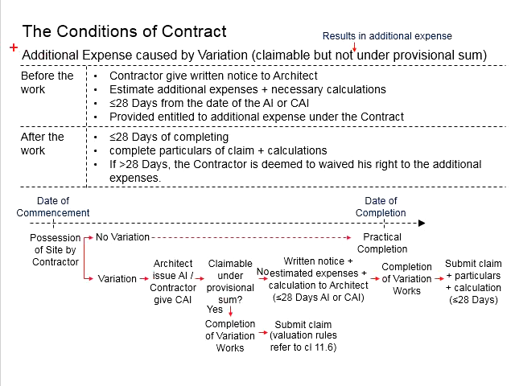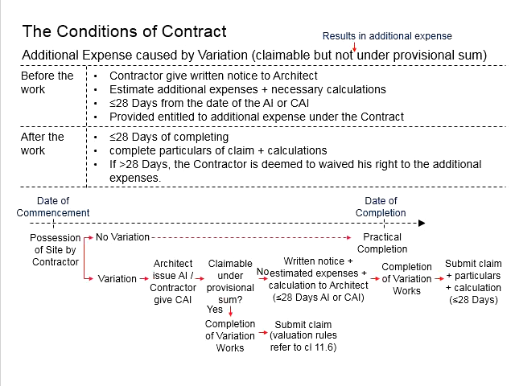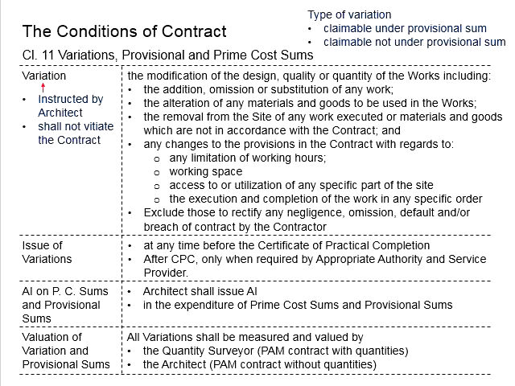Now we will look into the relevant details regarding the expenses not under the provisional sum. You know that a variation is by definition some modification to the design, quality or quantity of the work which was not originally stated in the contract. For it to be triggered, there should be instructions from the architect.